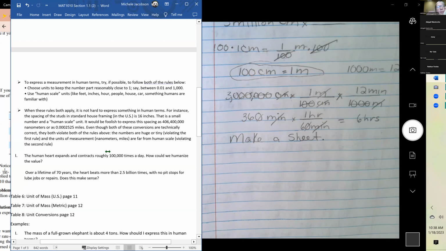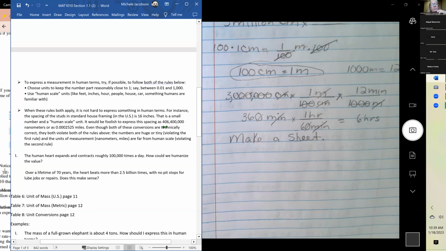when these rules both apply, it's hard to express something. It's not hard to express it in human terms. For instance, if you think about the studs in a home, they're about 16 inches apart. This is a small number on a human scale.